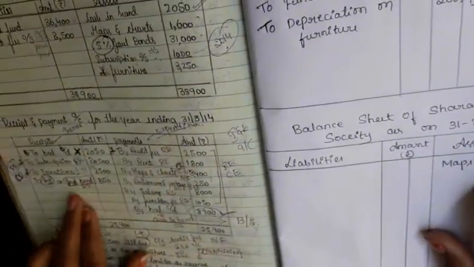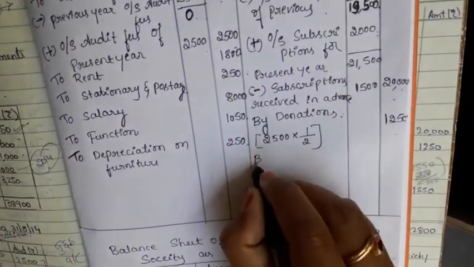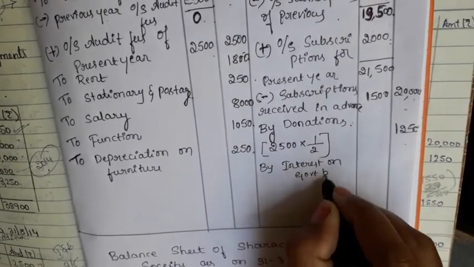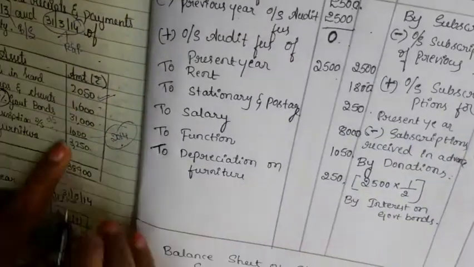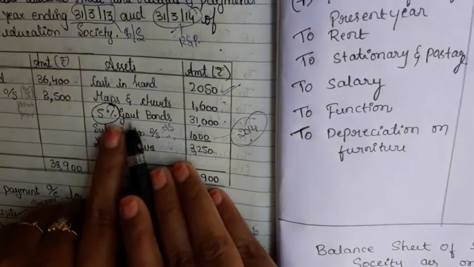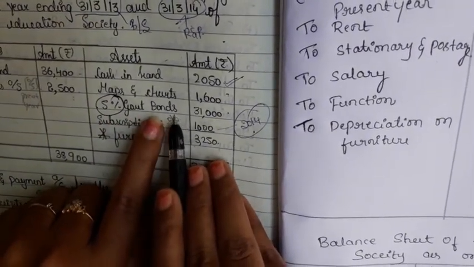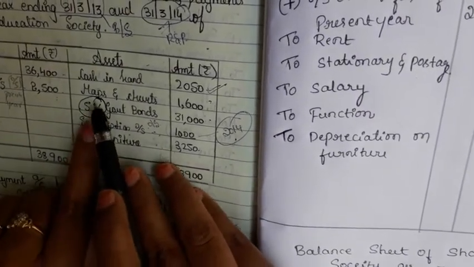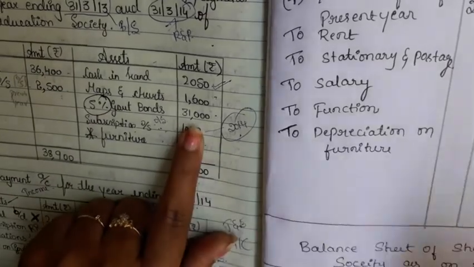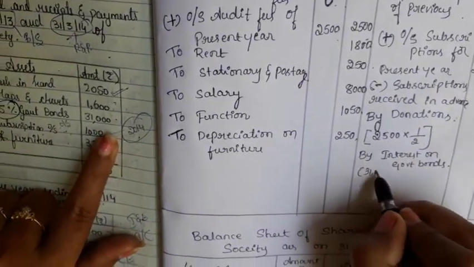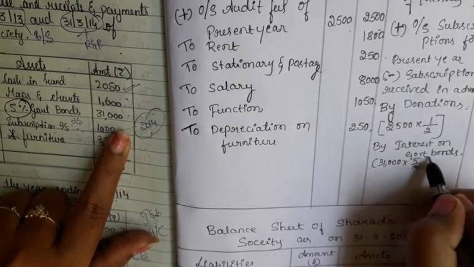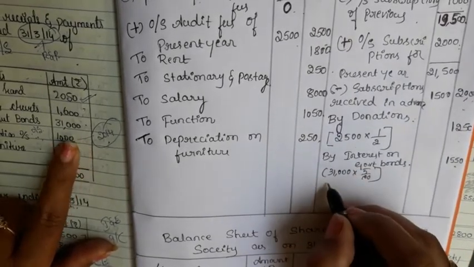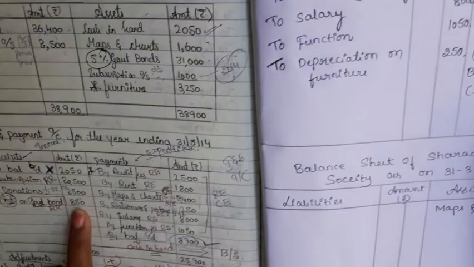Next one is interest on government bond. By interest on government bonds. So here, if they have given any percentage regarding some particular assets, that means if we have deposited some amounts in the bank, we are going to get interest at this percentage. So government bond percentage is 5%. That is 31,500 into 5%, means we have to receive 1,575 as interest on government bond, but we have received only rupees 850.